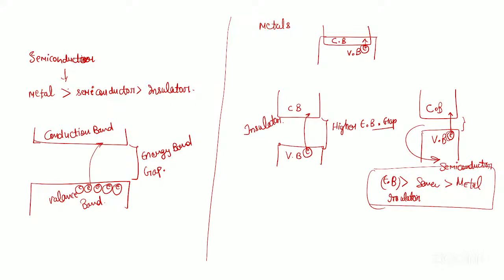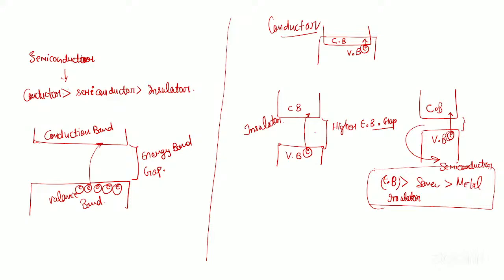So this is the story of how we relate metal, semiconductor and insulator. Or instead of metal, we should write conductors. Most of the metals are conductors, so we can write metal also, but here we are writing in terms of conduction, so it must be conductor. Okay. So for conductor, the energy band gap is negligible, and the conduction band is overlapping the valence band.